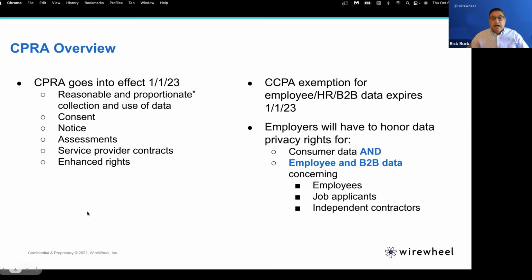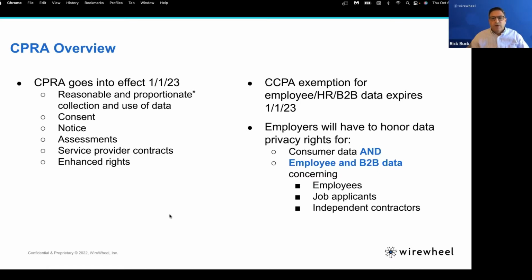The big topic about the CPRA and what we're here to talk about today is that under CPRA, there was an exemption for employee HR business-to-business data. That exemption was not extended at the end of this year's legislature. And as a result of that, when CPRA goes into effect, employee data is now in play.